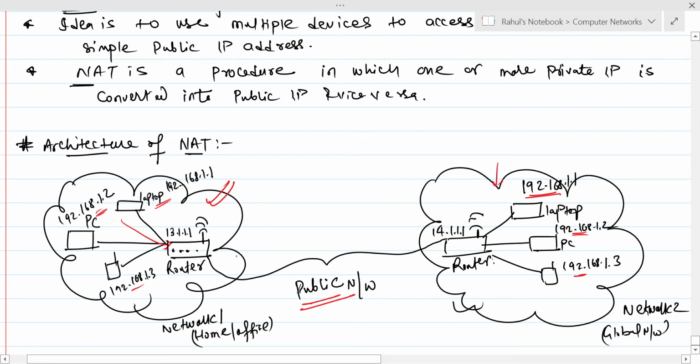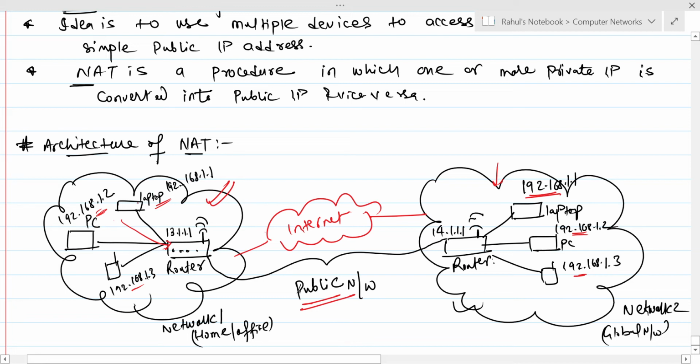But when we are going to connect with the internet, then an issue will be there. What issue? If we connect with the internet, these IP addresses will not be unique. So what will happen when we send a packet?